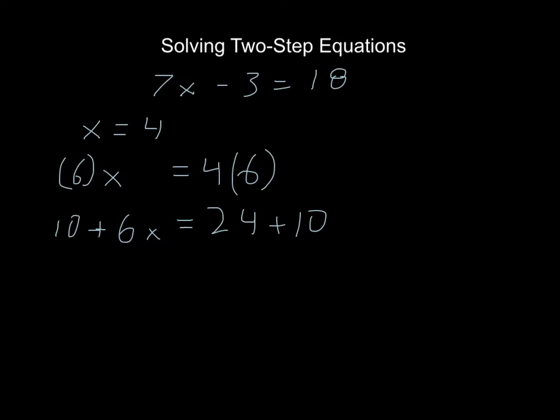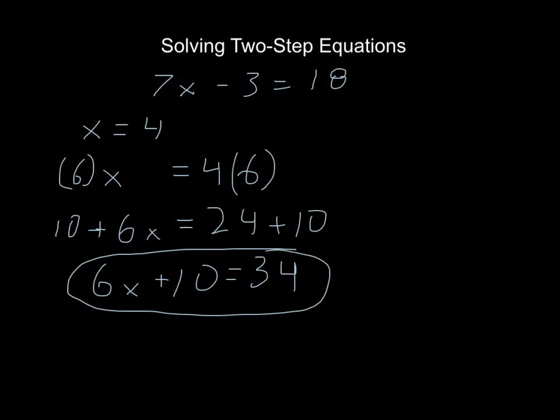Now I'm going to get, typically we write the x first, 6x plus 10 equals 34. And this would be a very typical type of problem that we would see. It would say solve for x, or solve the equation 6x plus 10 equals 34. And in order to solve this equation, I'd work backwards.